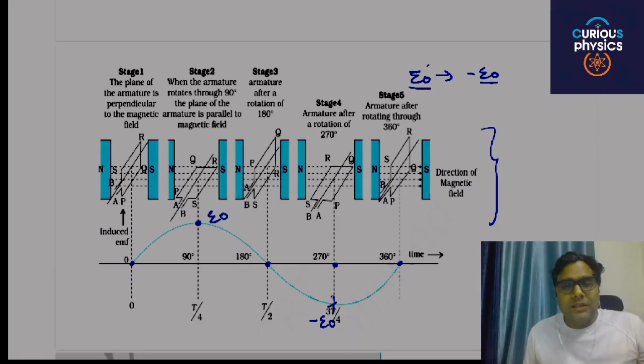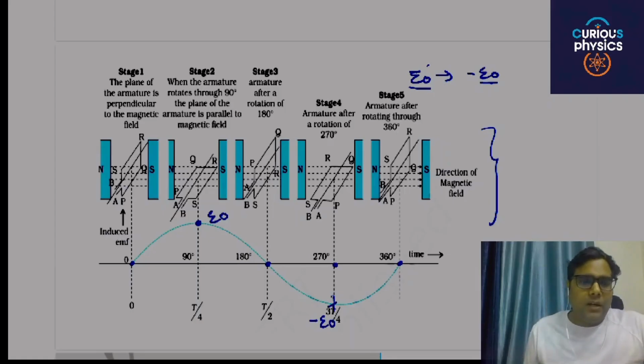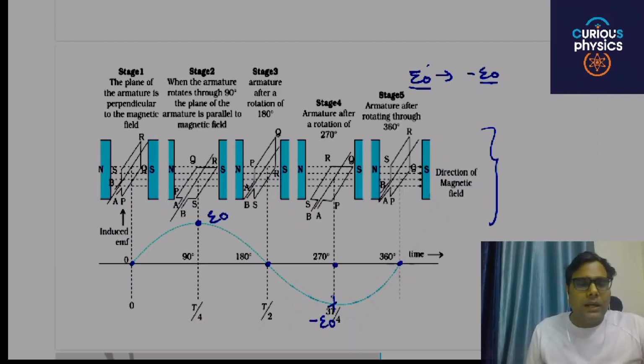This is the basic concept: you have to rotate the loop in a magnetic field. Alternate means in one half you get the maximum and in the other you get a negative value. This is all about the AC generator.